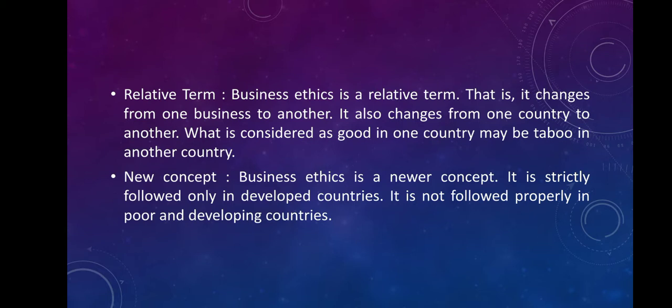Rules which are applicable in a particular country may be considered wrong in some other country. This happens because of the cultural differences in different countries. So ethics depends upon the country and its culture. Therefore, it is a relative term.